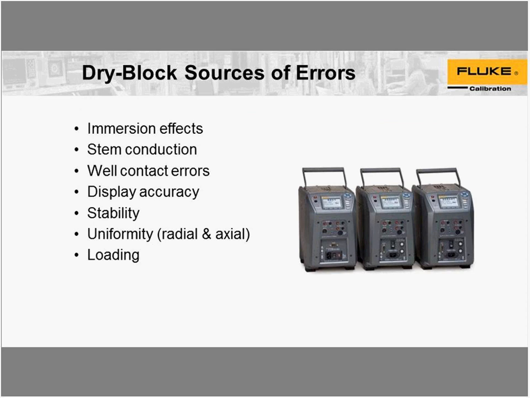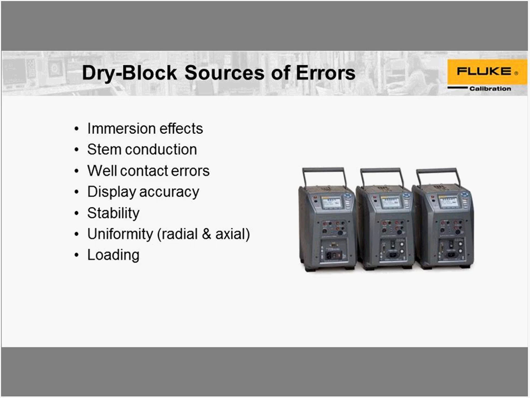Sources of error that you're going to find when using a dry well are immersion, and that revolves around your probe or your UUT. There are also stem conduction and contact errors, and that usually is referencing the size of your probe to the size of the well hole. We'll touch on that in more detail.